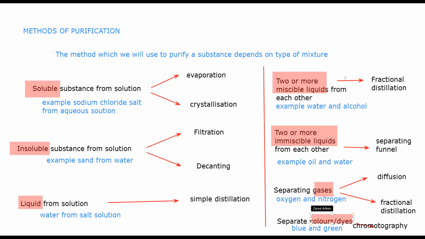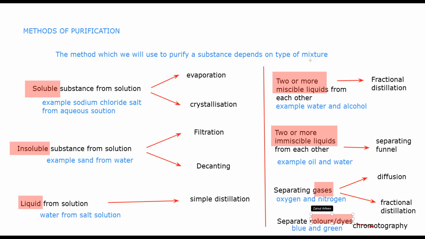Two or more miscible liquids means liquids which mix with each other, so you cannot identify the position where they appear to be one phase. If you mix water and alcohol together, both are colorless, so it appears to be one phase. If you want to separate them, we'll use fractional distillation.